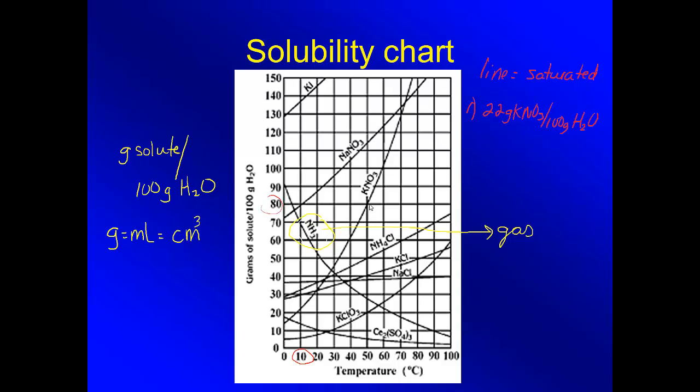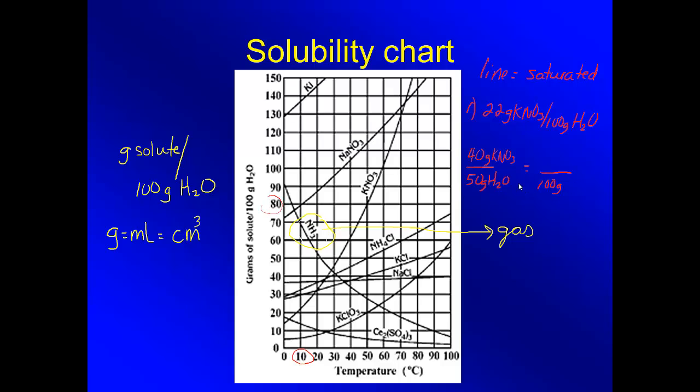Okay, and I'm just trying to give you samples of all these different kinds of questions you could see. Look at number 3. At what temperature would a solution containing 40 grams potassium nitrate and 50 grams of water be saturated? Okay, sometimes you're going to have to do a little bit of math because look at what this one is saying. It's saying that I want to have 40 grams in 50 grams of water. But my graph only tells me about 100 grams of water.